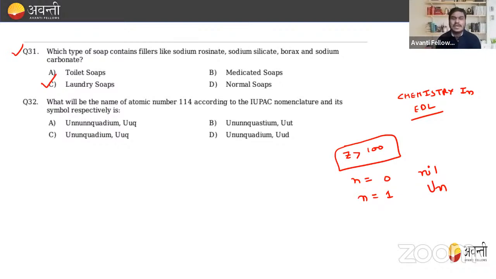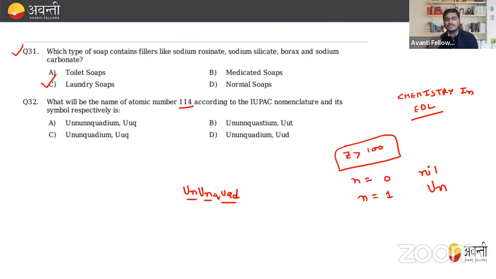write any name, right? Now in this question they ask for the correct name of atomic number 114, right? So 1 stands for un, again 1 means un, and 4 means quad. So this is unquad.